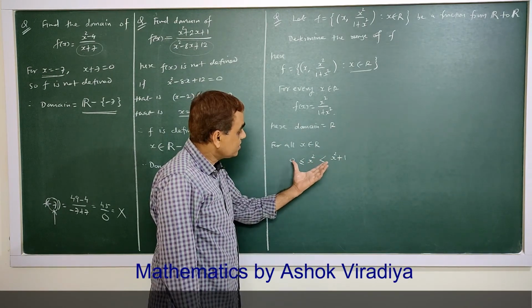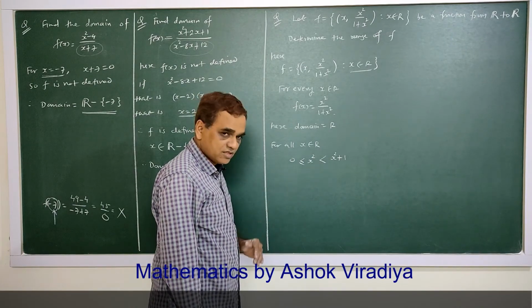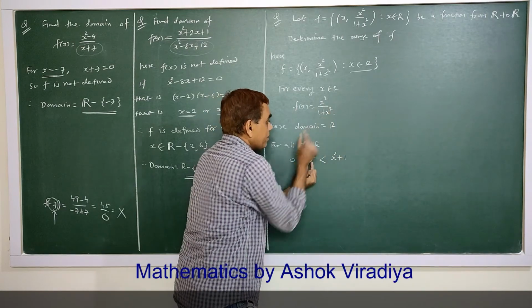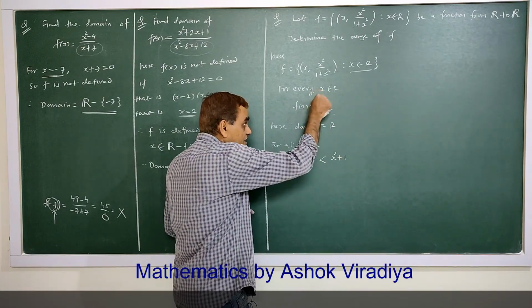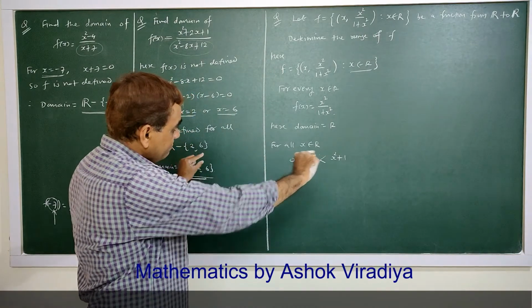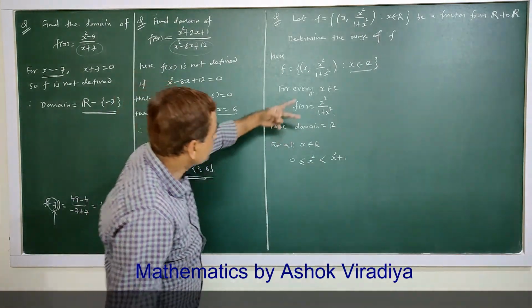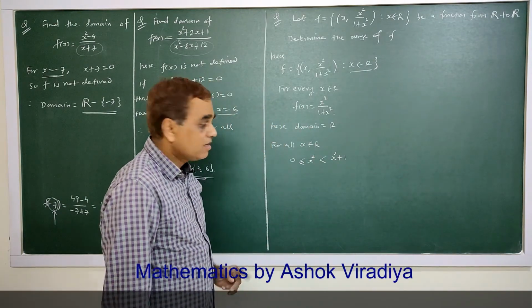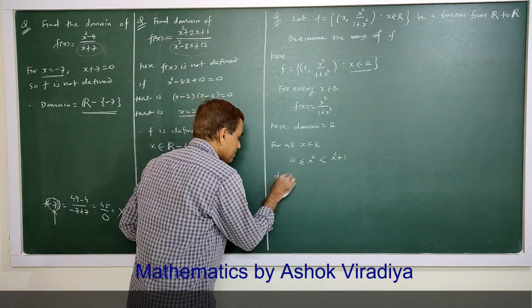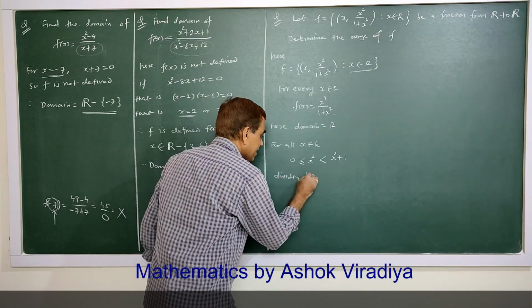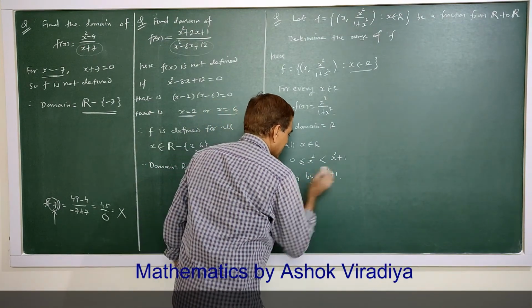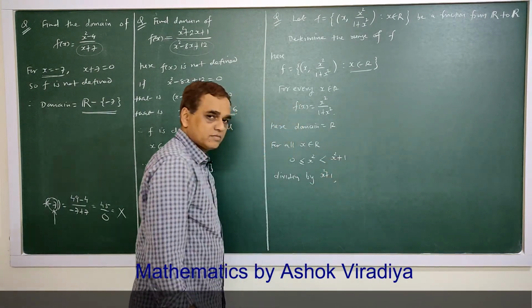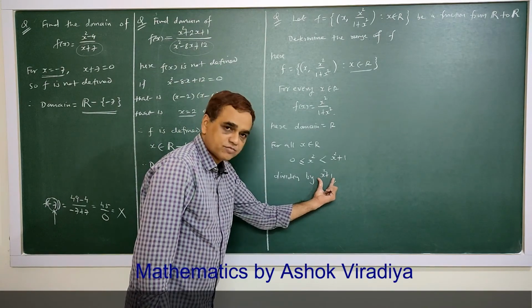Using this statement to get the range, because this is in the numerator and this number is in the denominator. So create this expression. We are beginning from this inequality, so we relate these two expressions this way. Now I am dividing this inequality by x squared plus 1. This value is always positive.